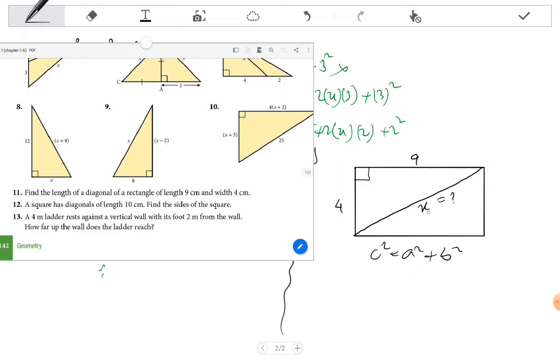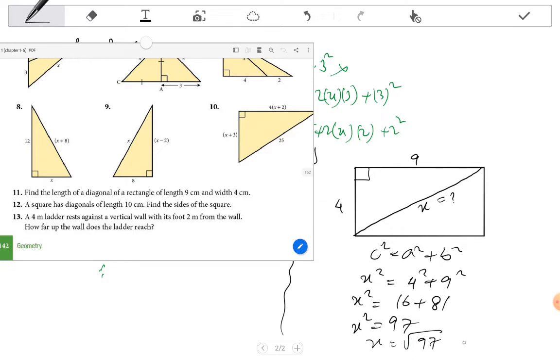So the facing side should be the hypotenuse, that should be separated. x square equals the other two side squares, 4 square plus 9 square. So x square equals 16 plus 81. So x square equals 97. So x equals under root of 97.